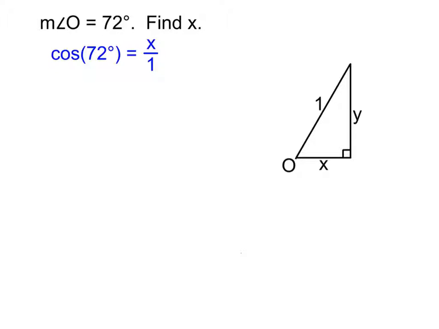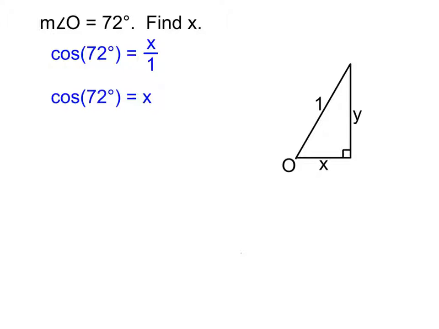All right, from here, I now need to solve this. And this is where this particular setup that we're going to be using a lot today makes life a little bit easier. Because what does x over 1 equal? Well, what does 5 over 1 equal? 5. What's 12 over 1? 12. What's x over 1? x. So on the right side, we can get rid of the fraction because x over 1 just equals x.